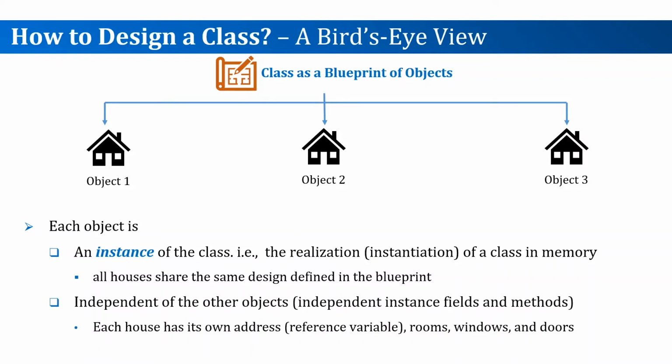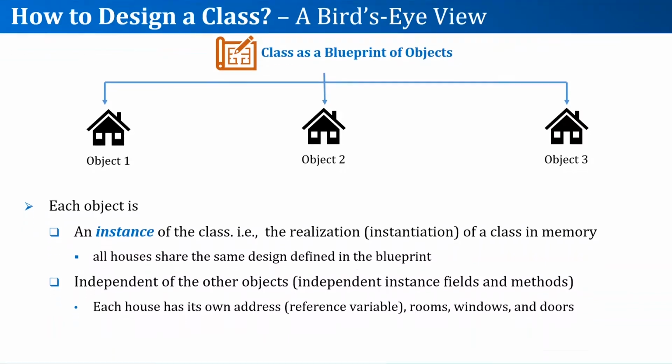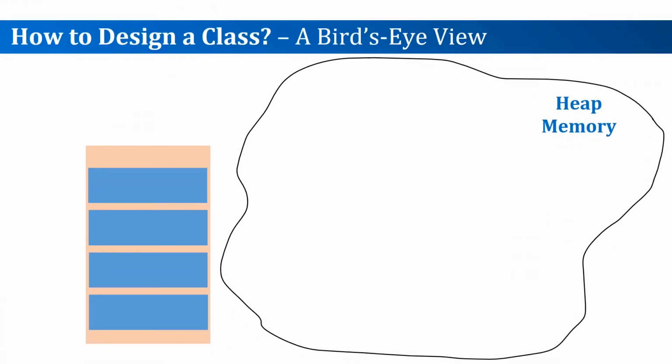Yet, each object is an independent entity that represents a unique object. The uniqueness comes from the difference in the attribute values and the fact that each object owns its own set of methods. For example, all homes will have an address field, but the number in the address field will be different.